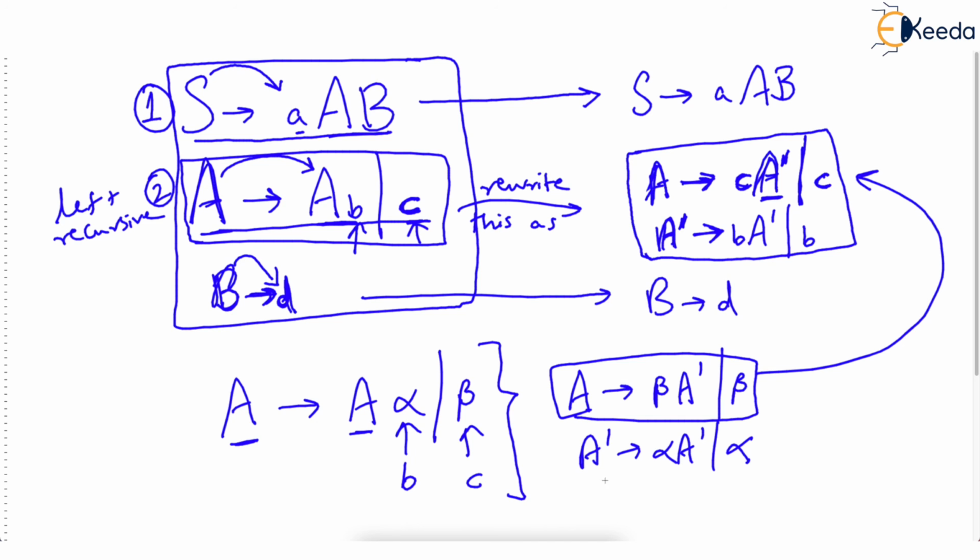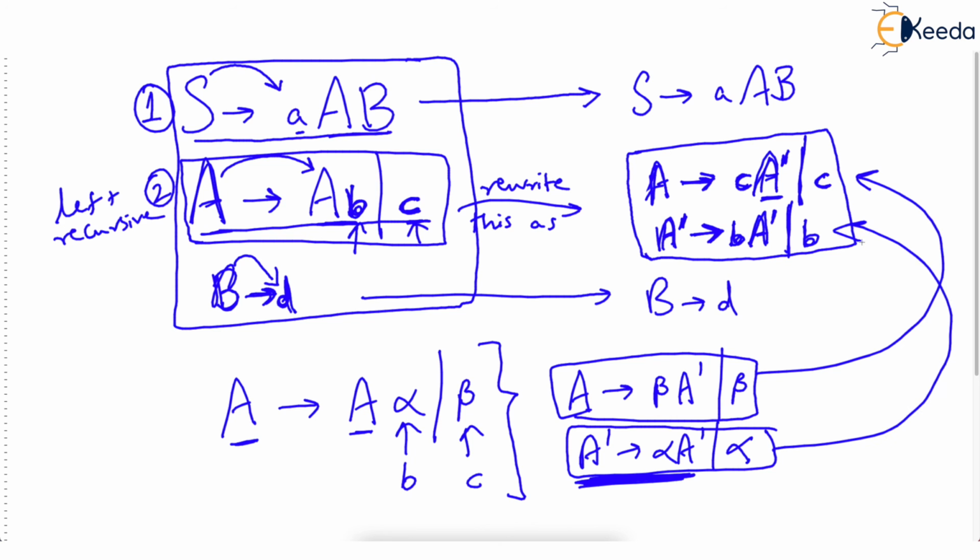A dash is alpha A dash or alpha, and alpha over here is B. So A dash gives B, that is alpha, followed by A dash, or alpha itself, that is B. This rule we have used over here. And what remains is these two productions.